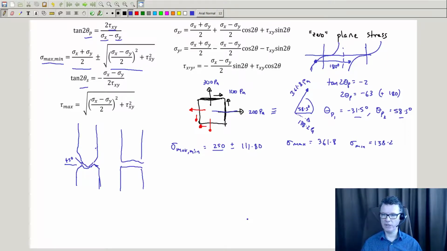The next thing is, let's say it's going to start shearing. What is the maximum amount of shearing that it's going to have along this angle? So we could work out the angle. Let's work out the angle actually.